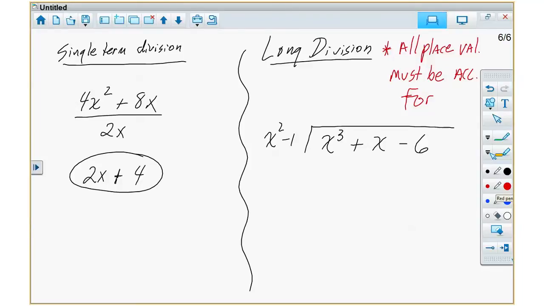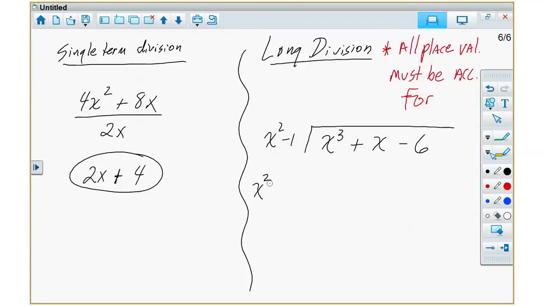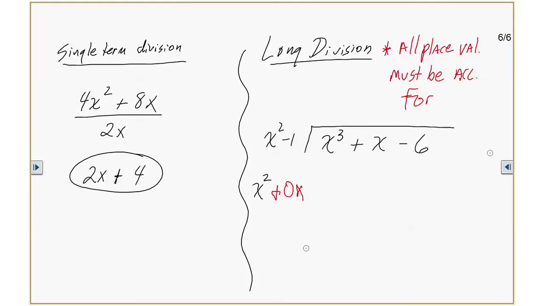Is there anything missing here? Yes. What's missing? The x term. And what's missing in this series? The x squared.